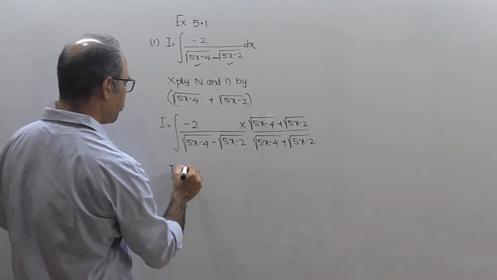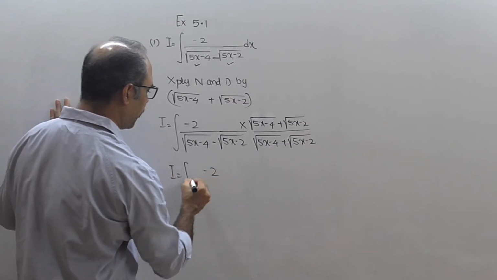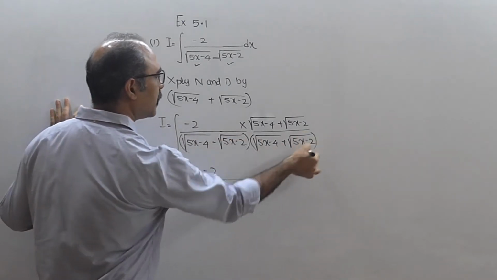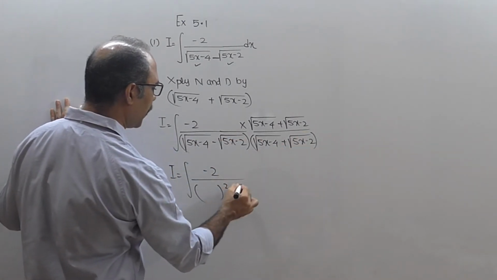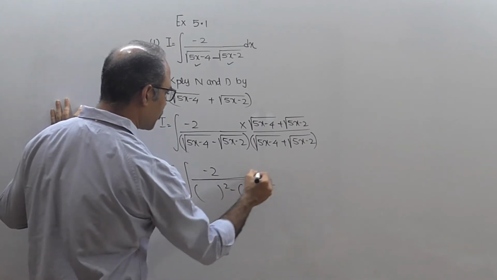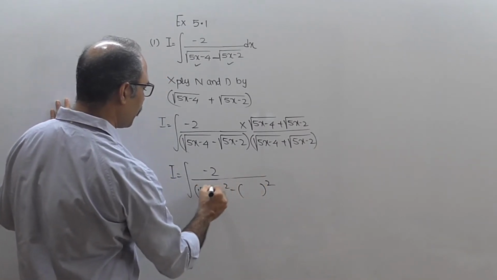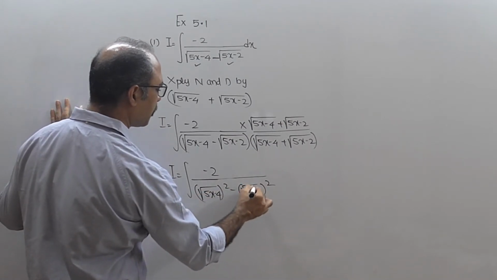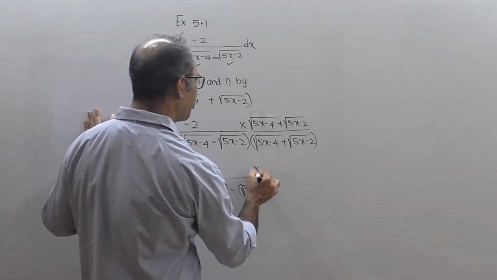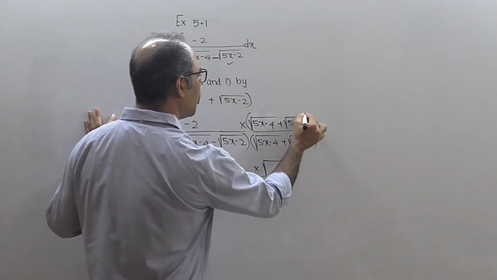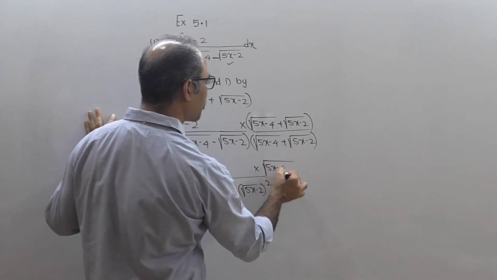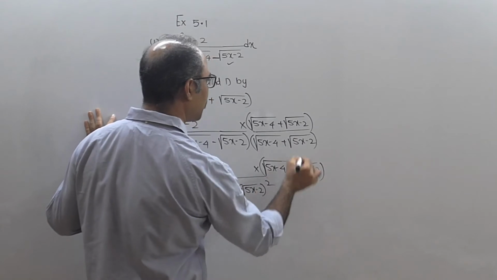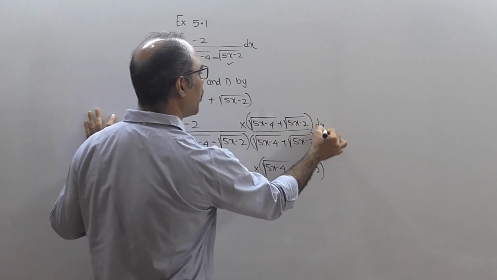So I equal to integration minus 2 upon, this is a minus b, this is a plus b. A minus b into a plus b is a square minus b square. So this will be root of 5x minus 4 squared, minus root of 5x minus 2 squared, and let the numerator, which is having root of 5x minus 4 plus root of 5x minus 2, remain as it is, and all this is to be followed by dx.